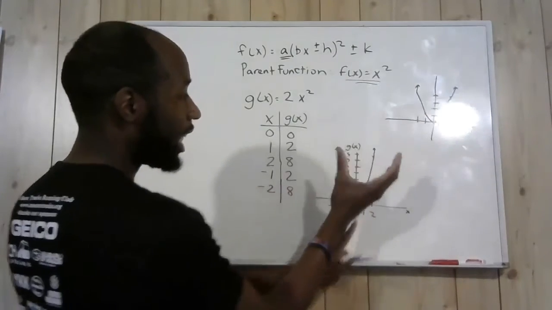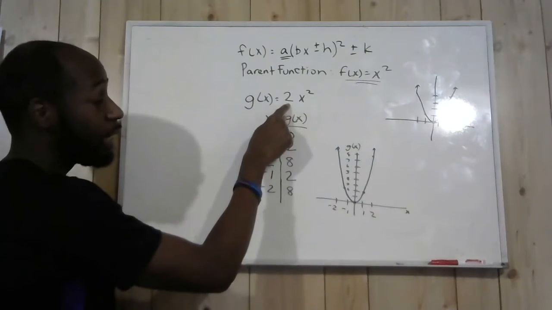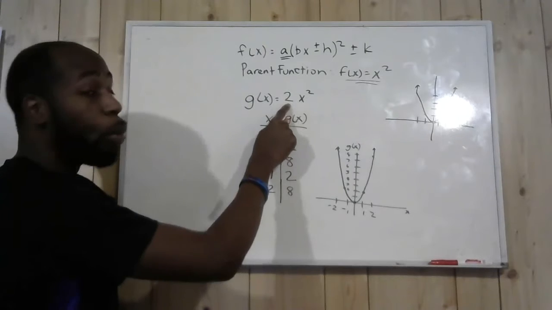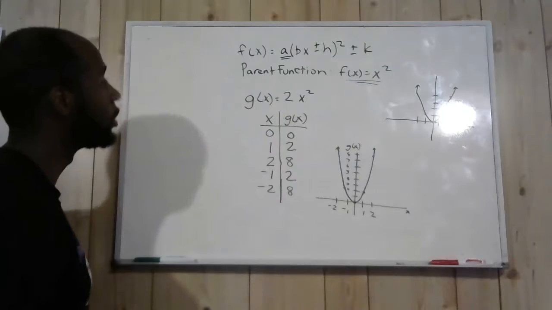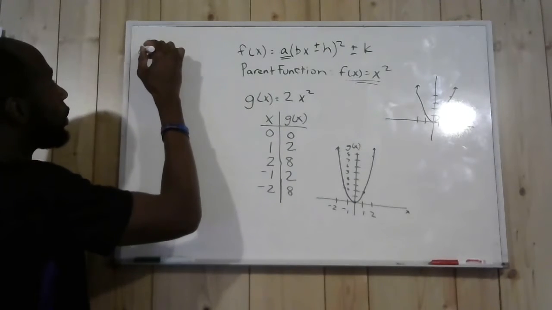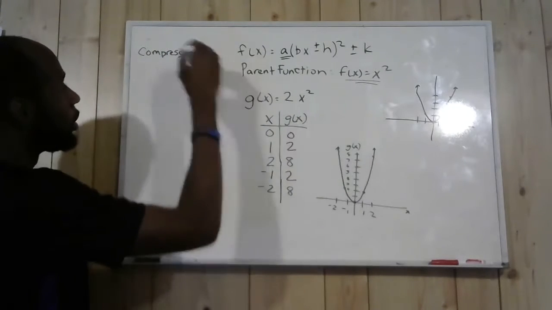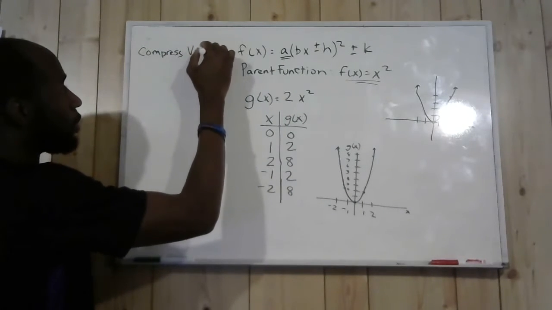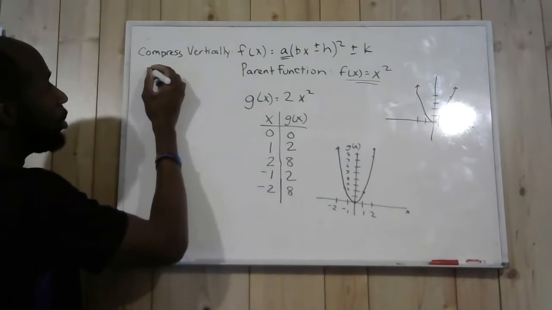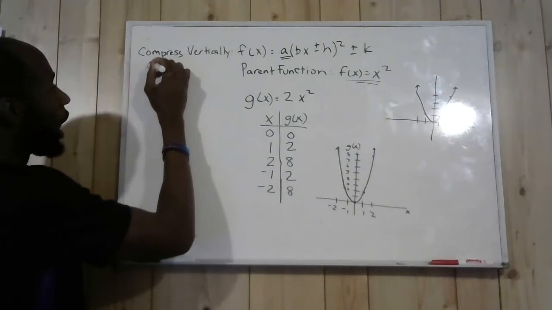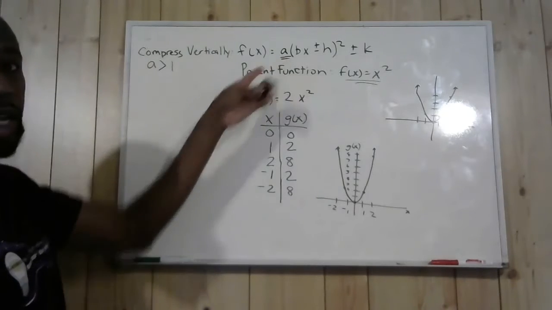So when you multiply the parent function times some constant a that is greater than 1, then it compresses the function. So to compress, you want to multiply it times some a greater than 1.